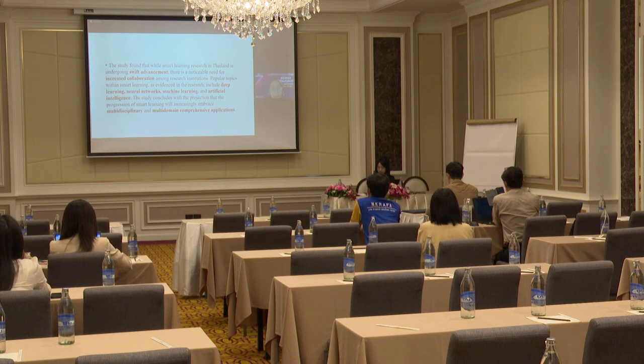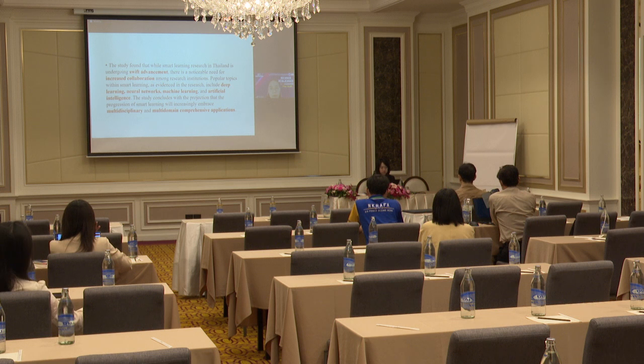The study found that while smart learning research in Thailand is undergoing swift advancement, there is a noticeable need for increased collaboration among research institutions. Popular topics within smart learning research include deep learning, neural networks, machine learning, and artificial intelligence.